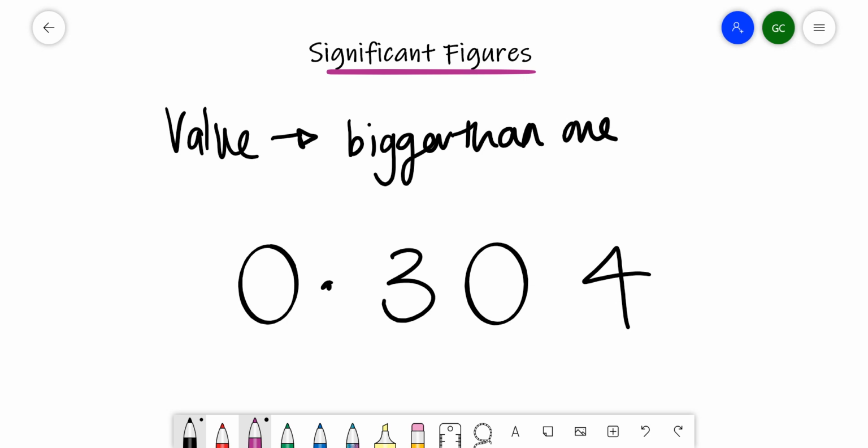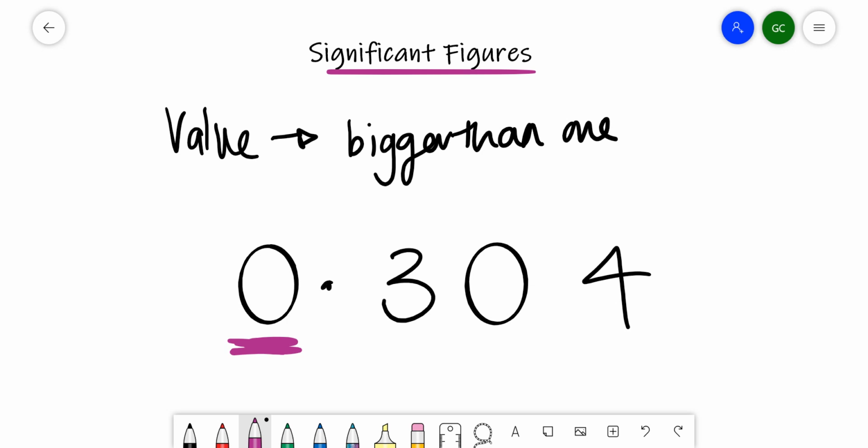Right, hopefully you've been thinking that this 0 here has no value and therefore it is not significant. It is at the beginning of our number and we don't count it when we are counting our significant figures.